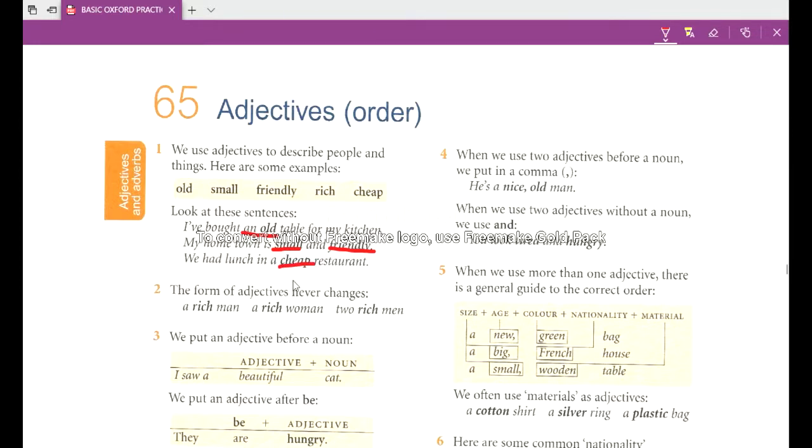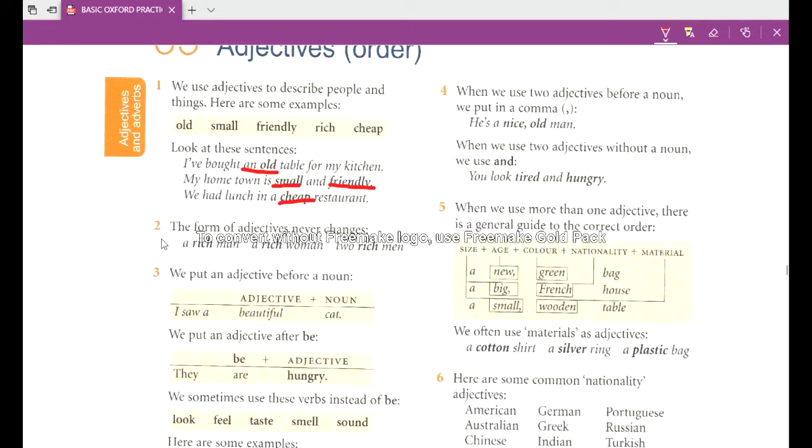So old, small, friendly, and cheap are adjectives, and they are describing the table, the hometown, and the restaurant. Very good.